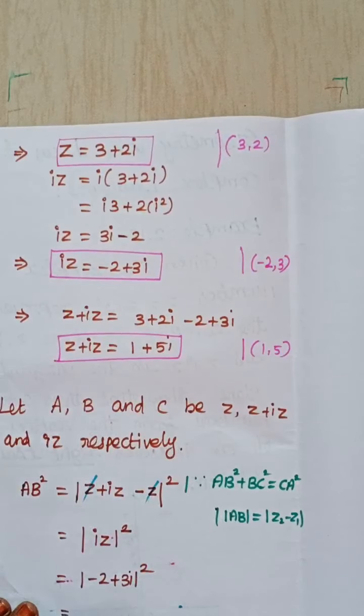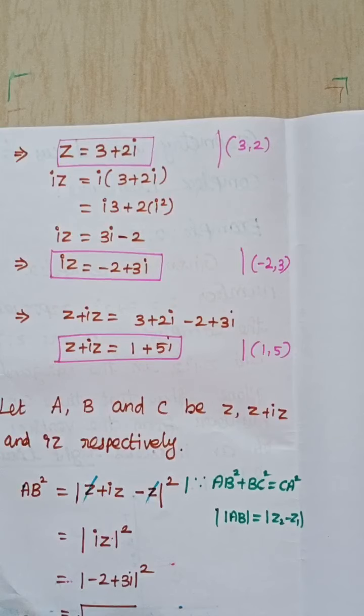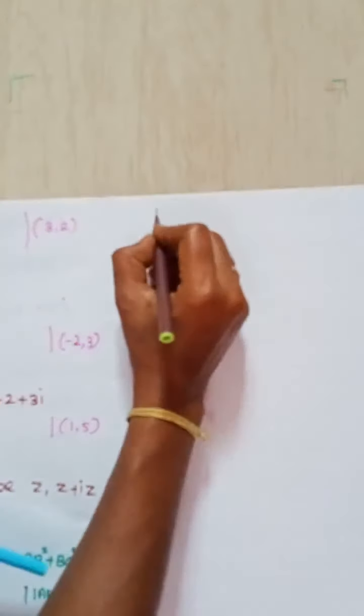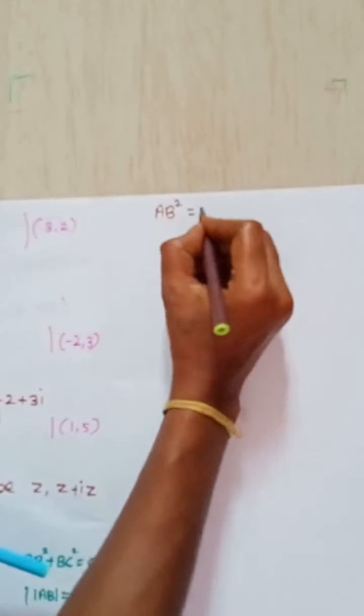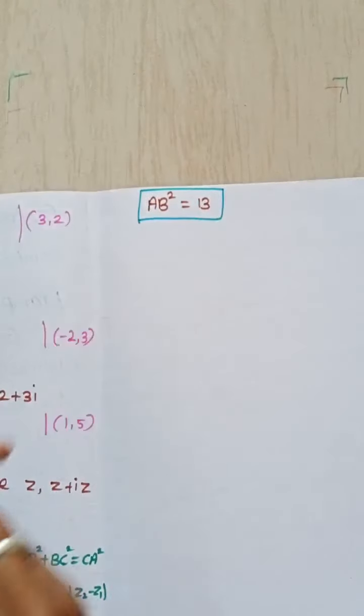Am I right? Modulus means taking the square root. Square root of minus 2 squared, which is 4, plus 3 squared, which is 9, the whole square. Here square and root get cancelled. We get 9 plus 4 is 13. So AB square is equal to 13.